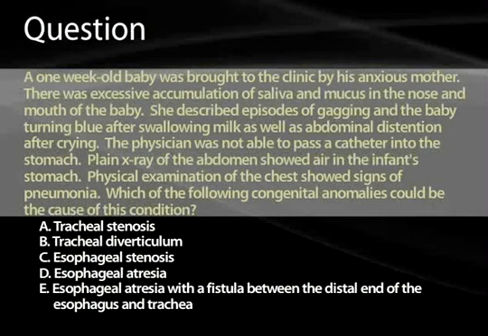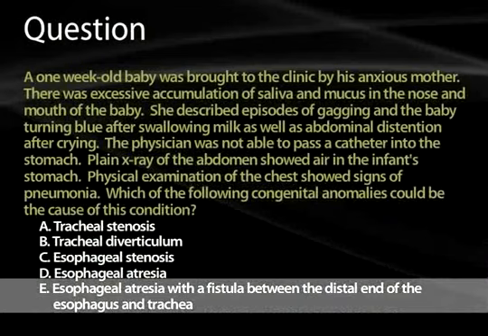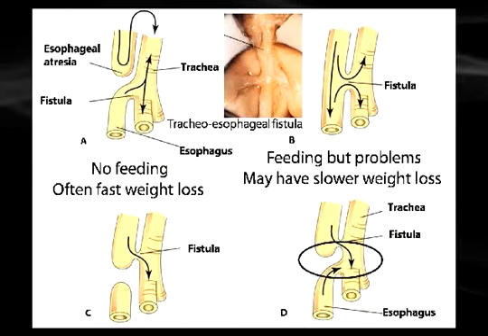If you look at the chest, you're getting air into the stomach, but with an atresia there must be another way of connecting the two, so you're also thinking about a fistula. And the only option in this one that has a fistula and an atresia is E, the esophageal atresia with a fistula between the end of the esophagus and the trachea. The gagging and coughing would be the associated fistula that has a connection to the developing trachea.